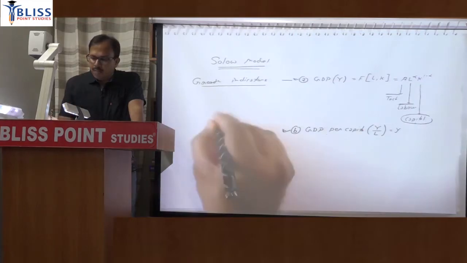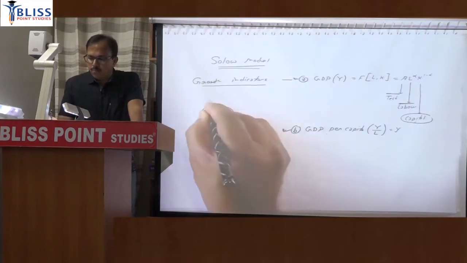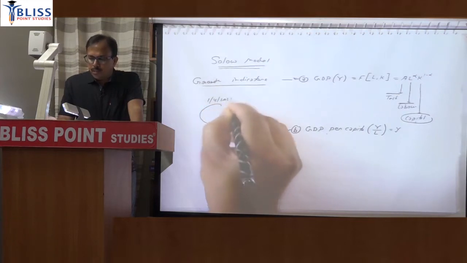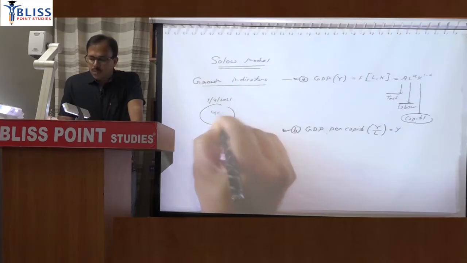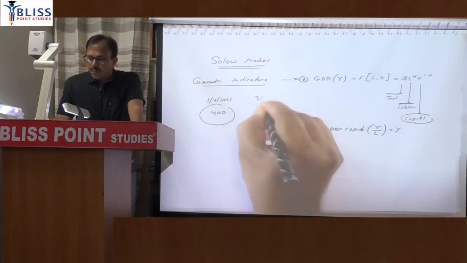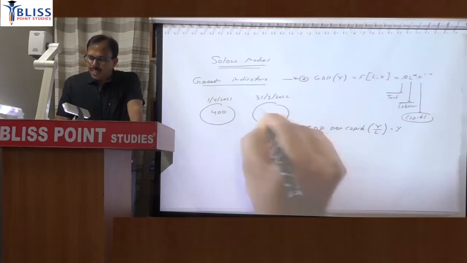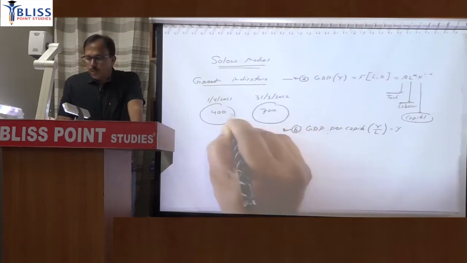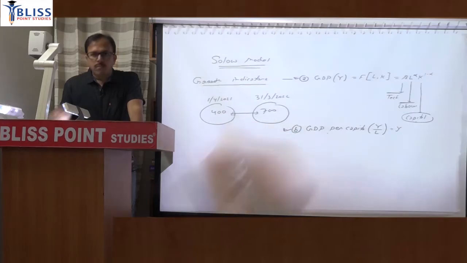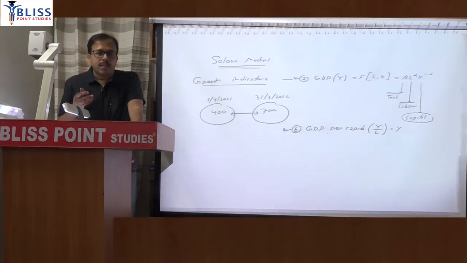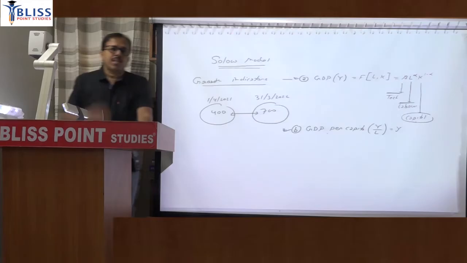At any given point of time, suppose on 1st of April 2021, the stock of capital in the economy is 400, and on the 31st March 2022, the stock of capital increases to 700. So during this period, more capital has been accumulated, more plant and machinery has been established.